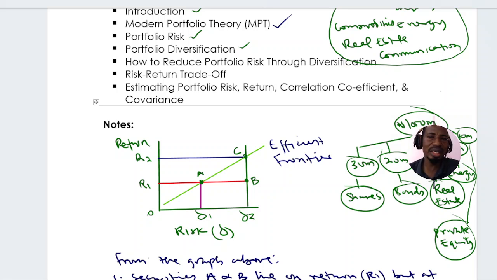Not only that, in addition, a rational investor can also aim at geographical or international diversification.